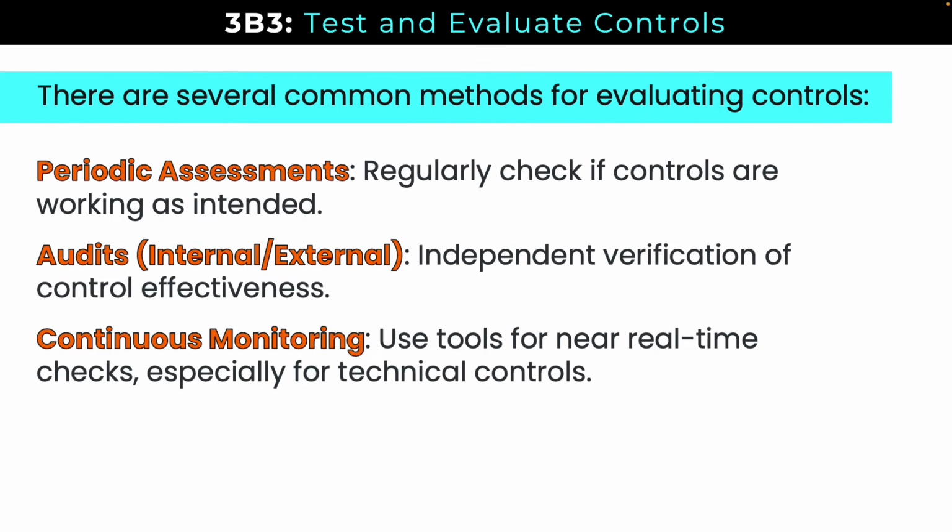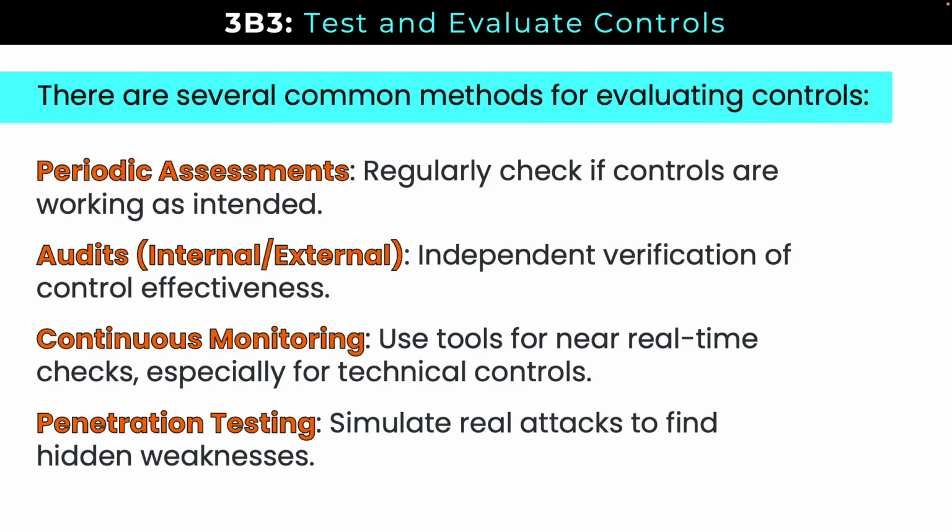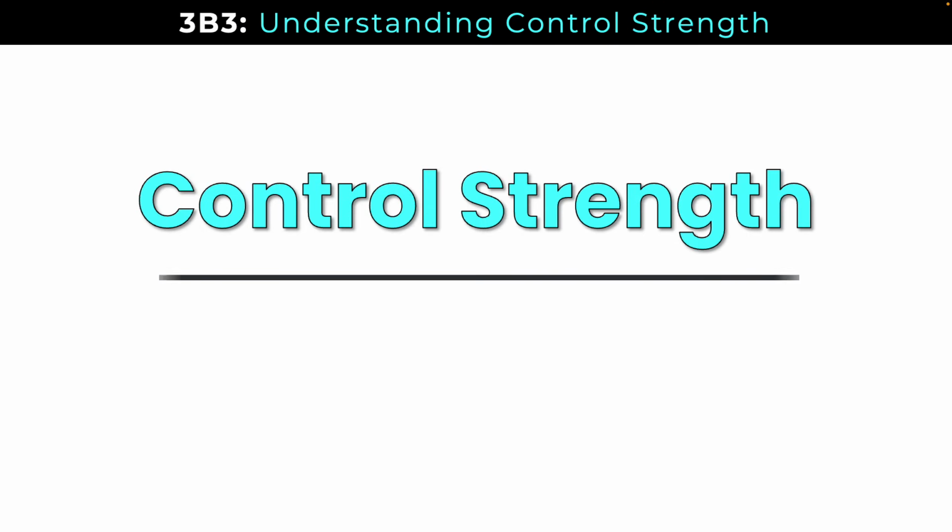Continuous monitoring, so using our tools for near real-time checks, especially for technical controls, to make sure they're effective on an ongoing basis. Or penetration testing, simulating real attacks to find hidden weaknesses in our controls in the live environment. In smaller companies, this might mean bringing in external expertise for that test. In larger orgs, there may be a dedicated role with that skill set.